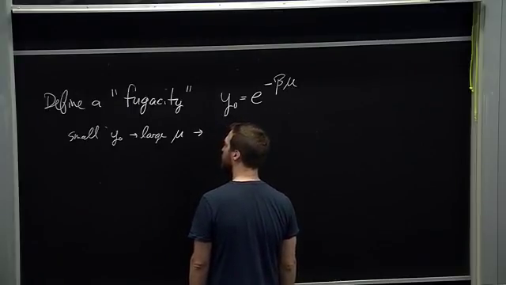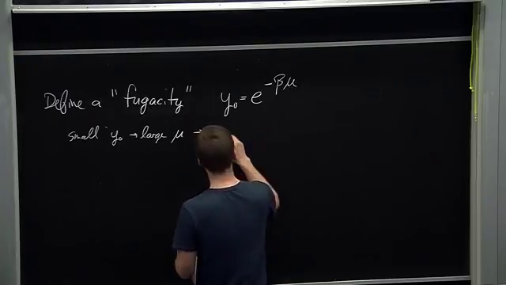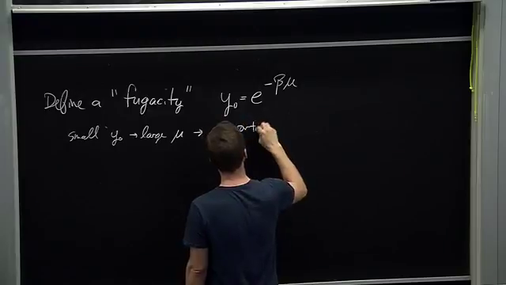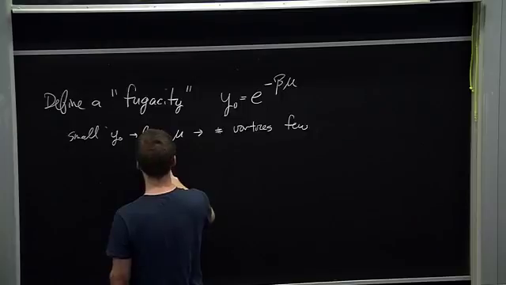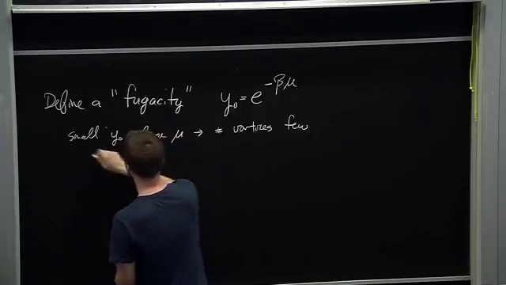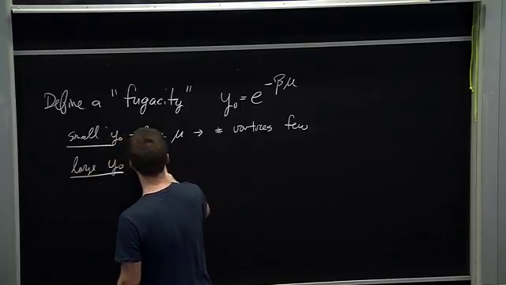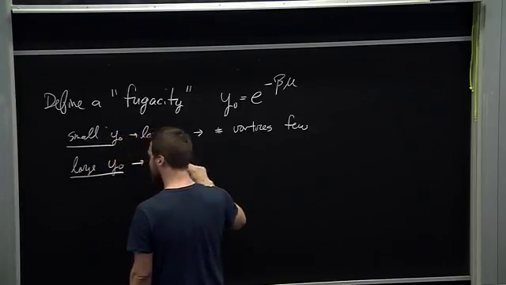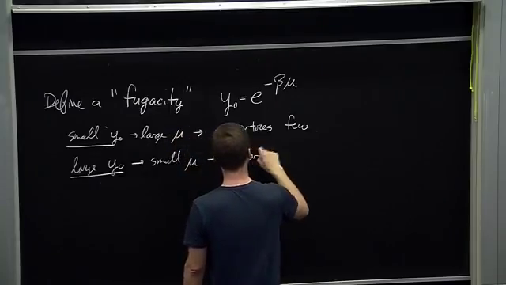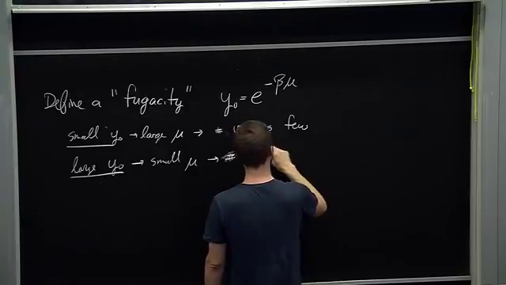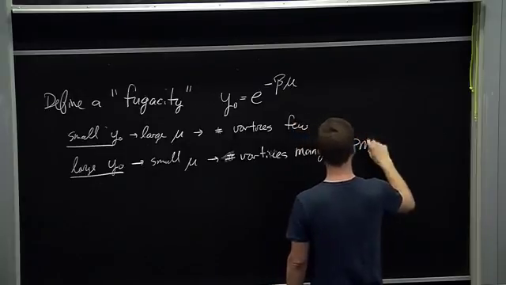Small y, no, this is few vortices. Oh, I did the small. So then large fugacity, small potential, right? And that's the paramagnet.